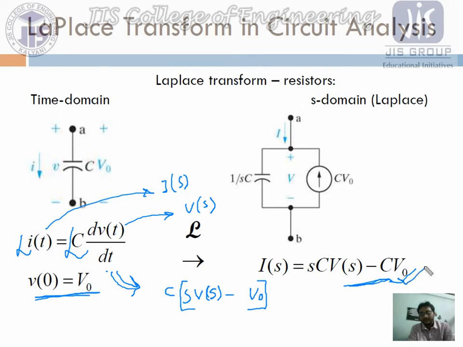Similarly, for this circuit also, if we want to draw the circuit, what will it be? Here the current is I of S, and this voltage is V of S. If we consider a parallel circuit, there is one option, and if we consider the series circuit, there is another option. So it is better to consider the series circuit first for better understanding, just like the previous one.